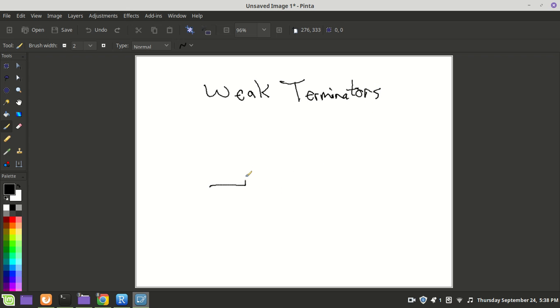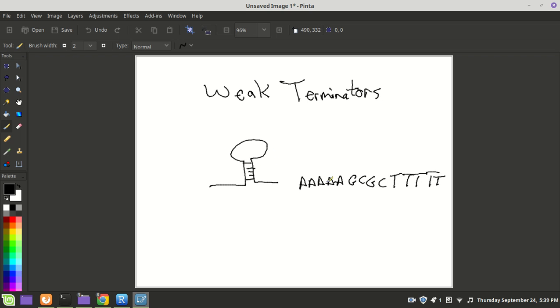We learned the terminator structure, and I drew it kind of like this. All right, so these are going to stick to these, and you're going to produce this structure.